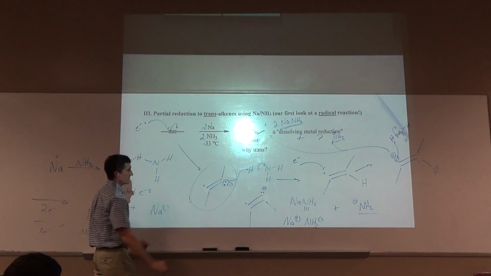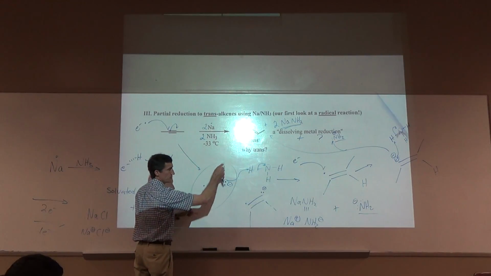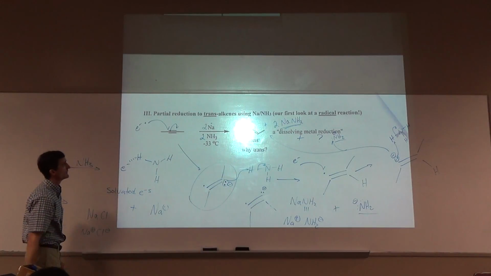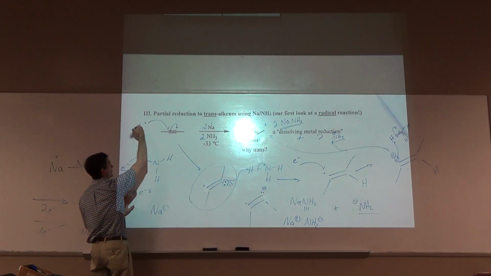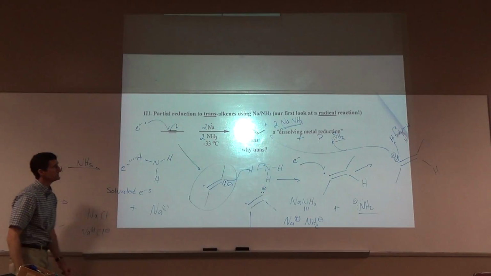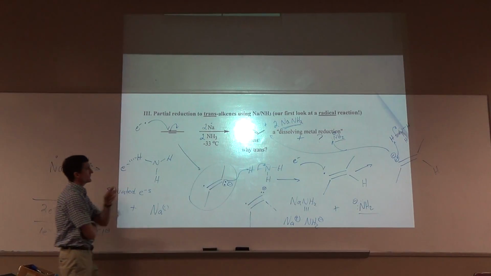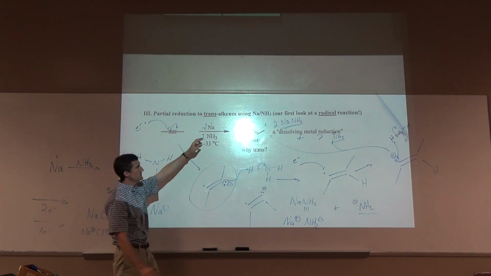This gives trans because right here we had a choice, and these groups are going to become trans as soon as this electron comes in. It's a little bit peculiar. Why would this electron come in? I reckon a driving force of this is we're converting one of the pi bonds into 2 sigma bonds.